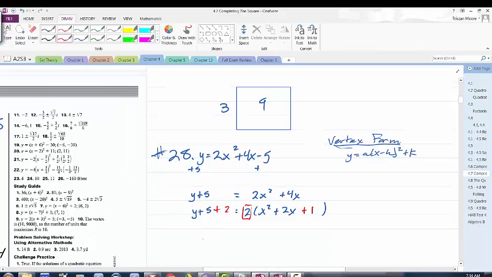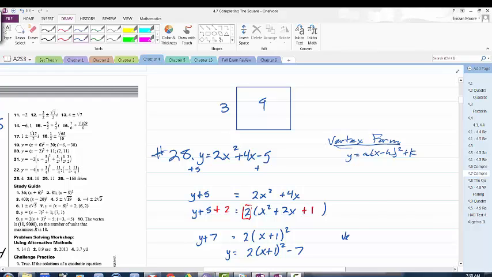So now this is going to be y plus 7 over here, and that's going to equal 2 times x plus 1 squared. Right? And then from there, the vertex form is y equals 2 times x plus 1 squared minus 7.